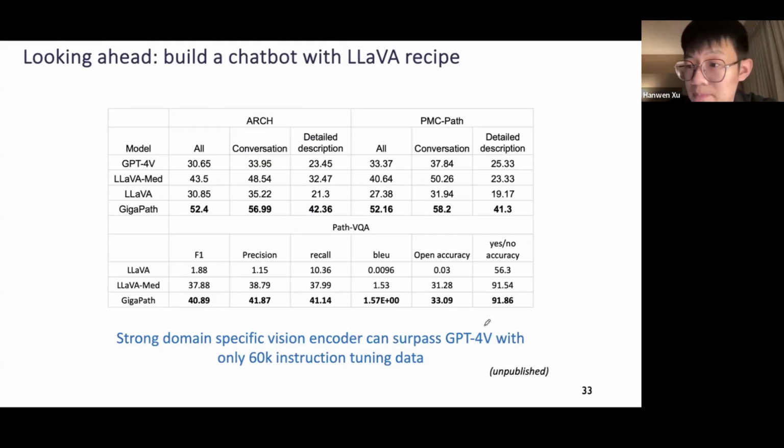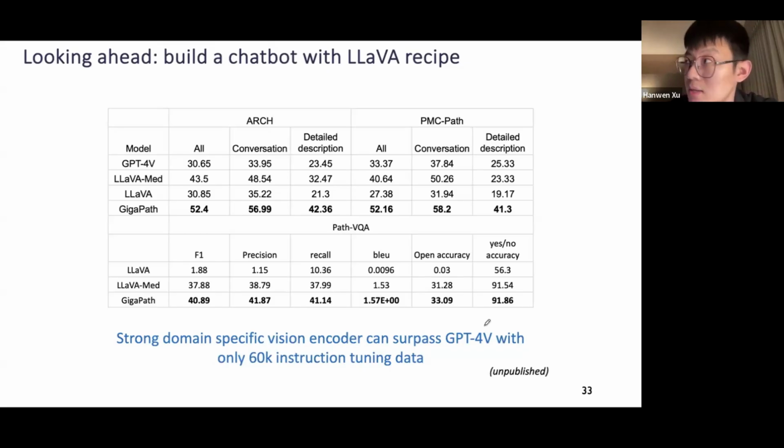We compare to the GPT-4 vision model and also other medical models like the LLaVA-Med models. We observe that our model has better performance, even though we have very limited instruction tuning data. We attribute this to the strong quality of our vision encoder, our vision foundation model.